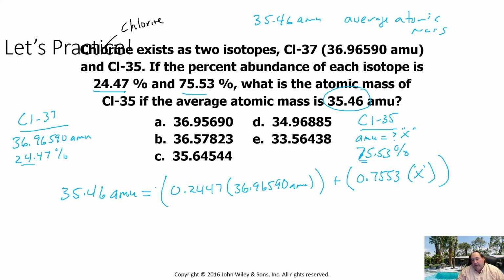All right, so we're going to do a little bit of math here. I'm going to take 0.2447 times 36.96590, and that's going to give me something like 9.0455573, plus 0.7553x.